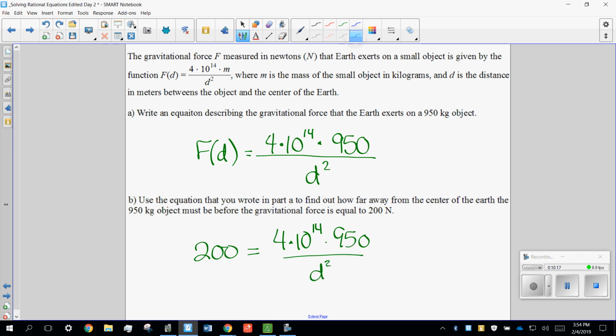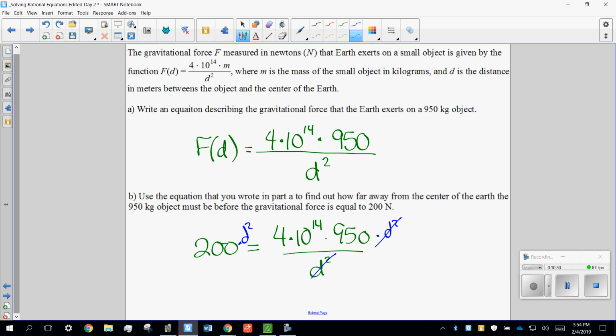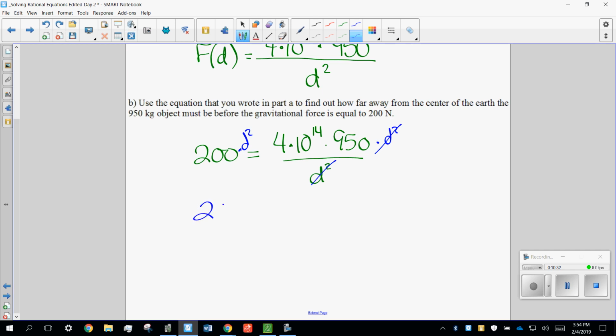In keeping with what we've been doing, we have one denominator, it's d squared. So we'll multiply it by d squared. Those d squareds divide out. We are left with 200d squared equals 4 times 10 to the 14th times 950.